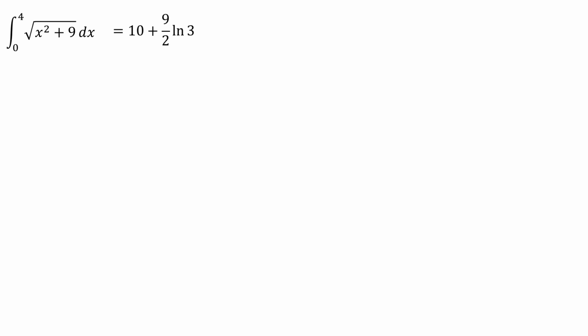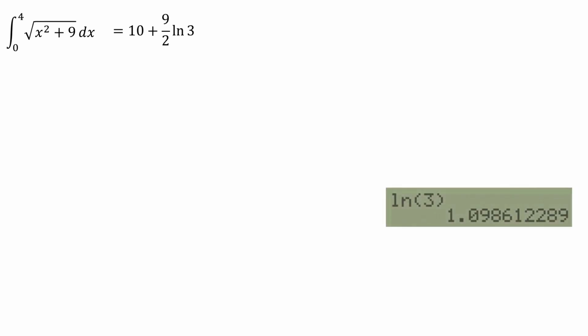Now, if I actually want an approximation, well, natural log of 3 is going to be not too far from 1, right? I could use a calculator. And of course, the reason being is that the number e isn't that far from 3, right? E is about 2.7182818284599045, and then it starts going really weird after that.